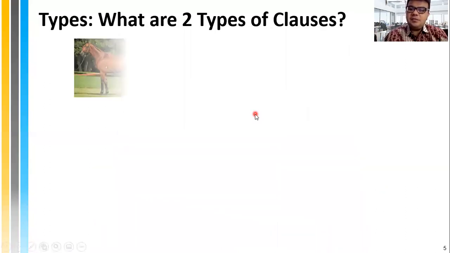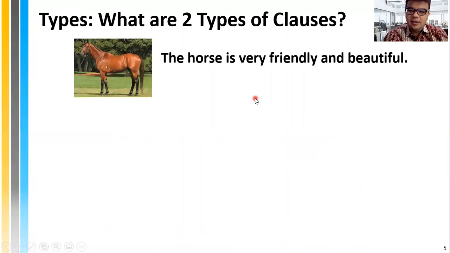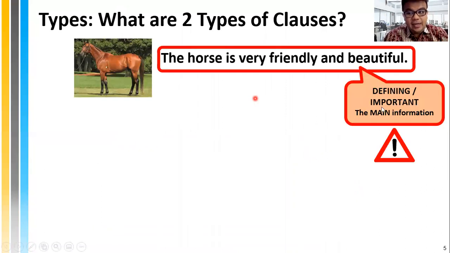What are the two types of clauses? There is the defining clause, or the important clause. Why is this important? Because this is the main information. Remember in the previous slide, the horse was repeated twice, horse one, horse two. Why is it repeated? Because it's important.